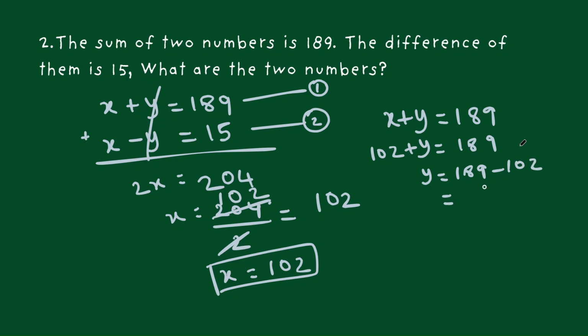That is equal to how much? 9 minus 2 is 7, 8 minus 0 is 8, 1 minus 1 is 0. So 87. So y = 87. So we got x. One number is 102, the other number is 87. However, first we have to derive the equation from the statement problem. That is how we have to do this. We'll move to the next sum.